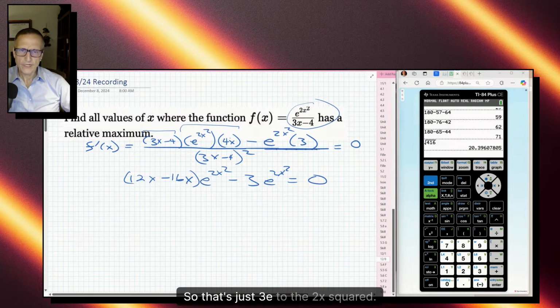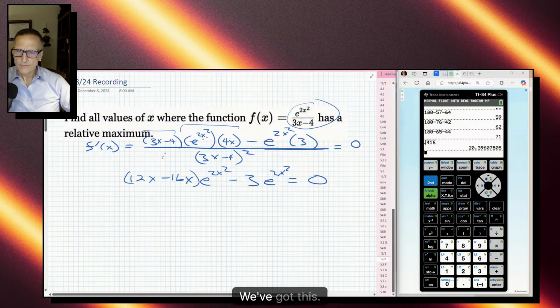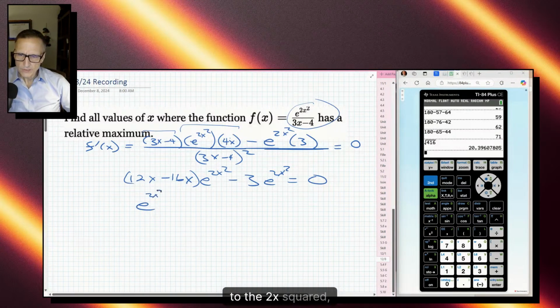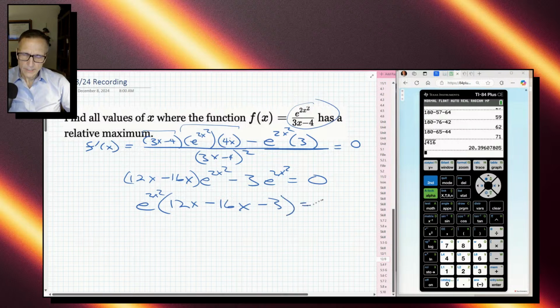Right, so that's just 3 e to the 2x squared. We've got this, so you can see here the common factor that I'm going to pull out is e to the 2x squared, leaving me 12x squared minus 16x minus 3 equals 0.